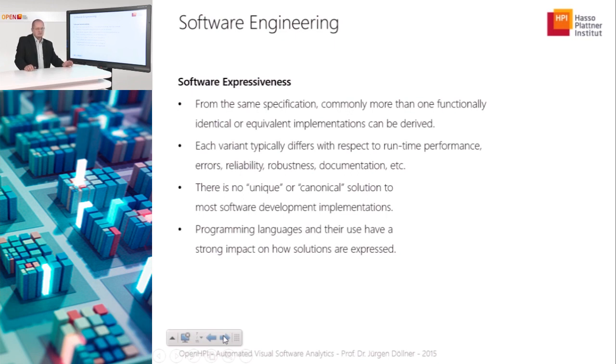Insofar, there is never a unique or canonical solution to most software development implementations. Programming languages and their use have a strong impact, of course, on how solutions are expressed, on how solutions are translated into software code, into implementations.